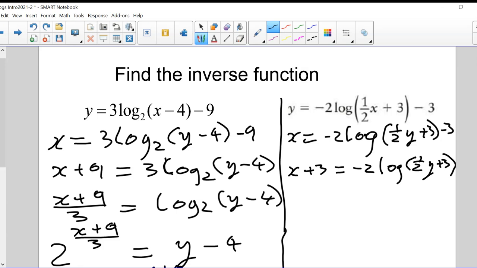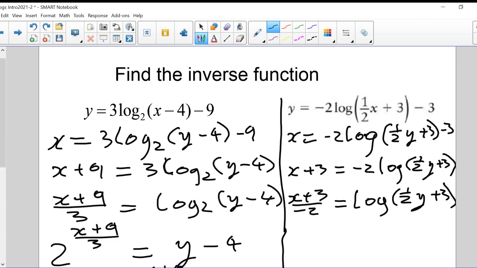What do I do now? Divide by minus 2. Okay, I'm pretty sure that makes sense. So x plus 3 divided by minus 2 is equal to the log of 1/2 y plus 3. Okay, done that. Thank you very much. Good stuff. Now what?